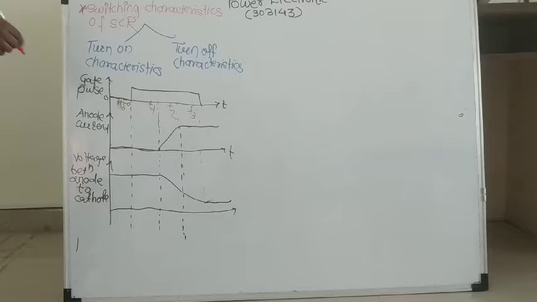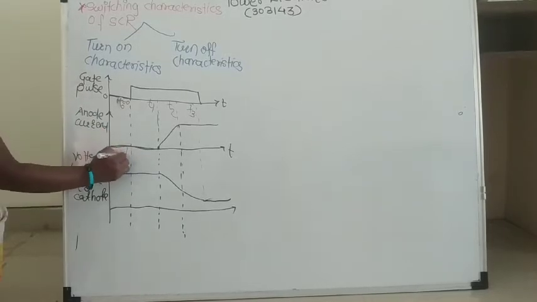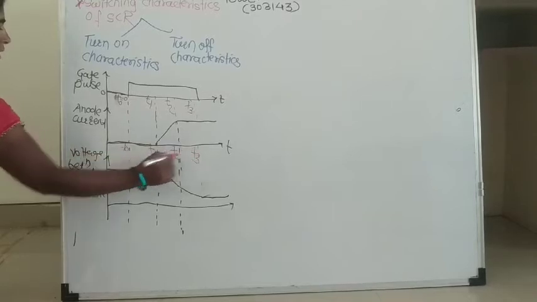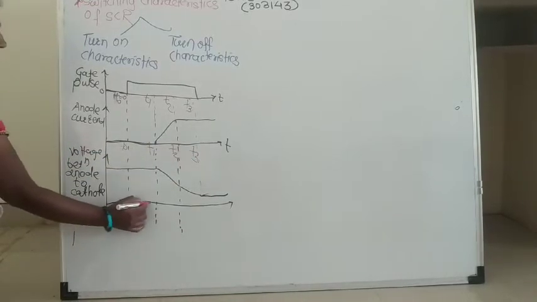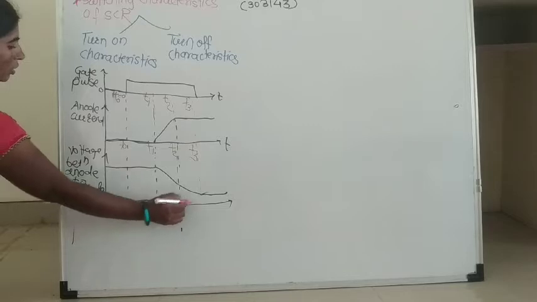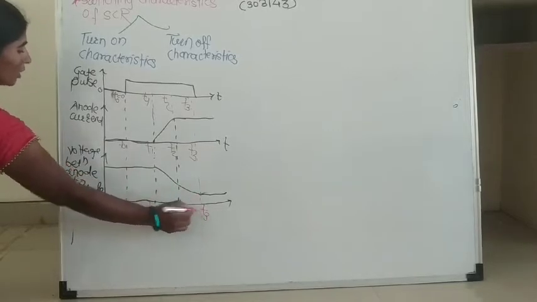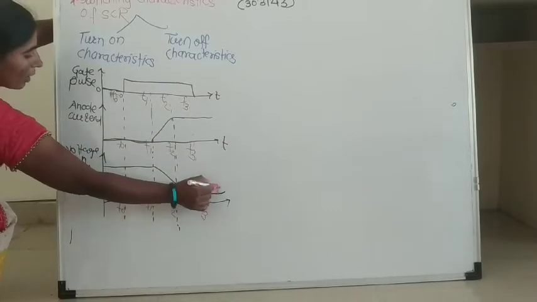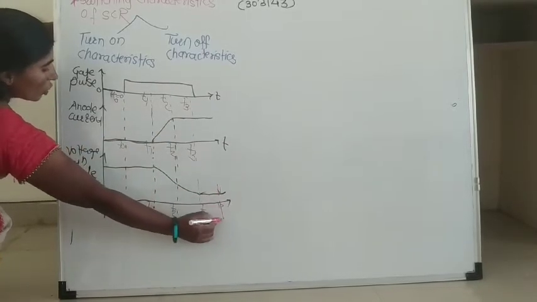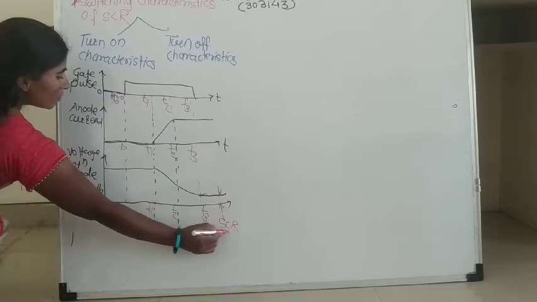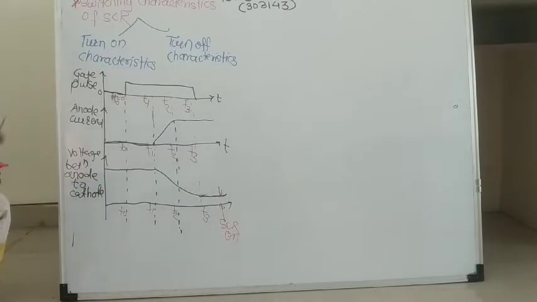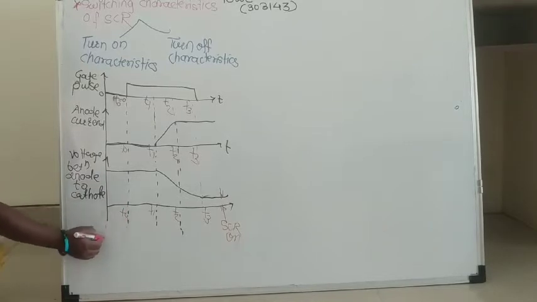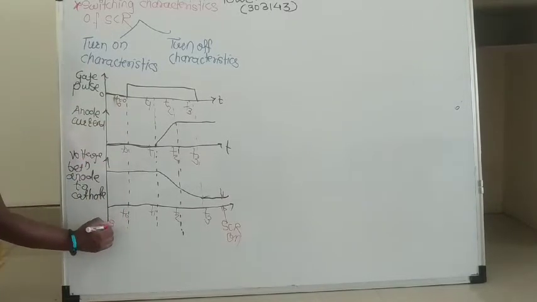Same will follow for this, that is t0, t1, t2, t3. Here your SCR gate turn on, and before this your SCR initially in off condition.